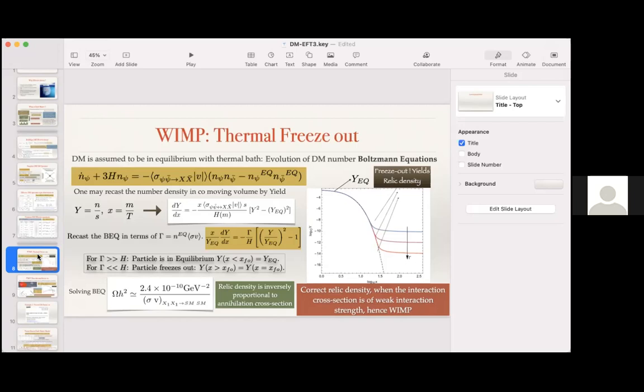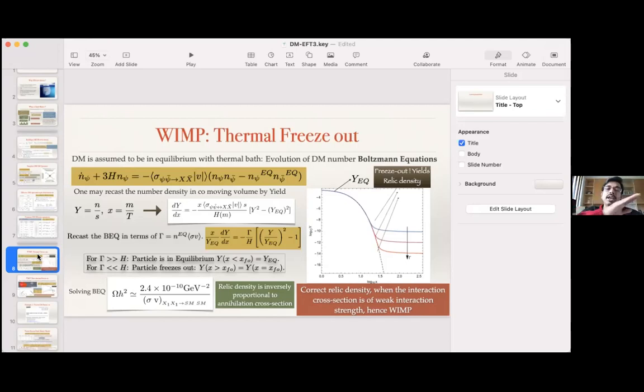to be Y equilibrium? No, see, you have started with Y equal to Y equilibrium, right? And then there is a depletion of number density that is occurring via H. So therefore, Gamma is n equilibrium, that is also dropping, because n equilibrium involves e to the power minus x into x to the power 3 by 2, right? So therefore, let's forget about everything and let's just solve this differential equation.